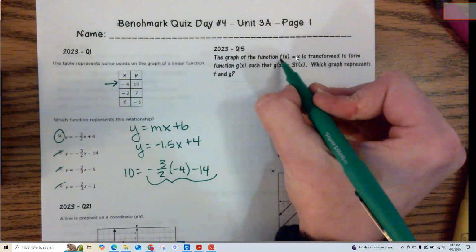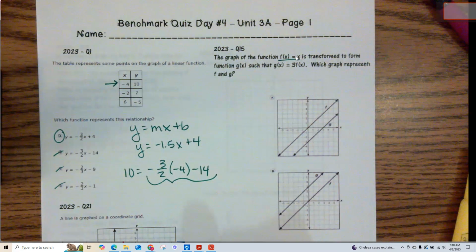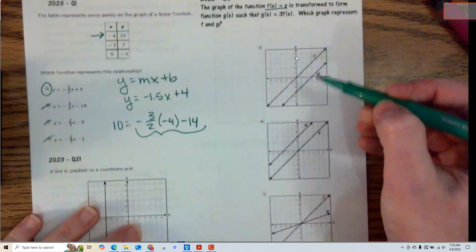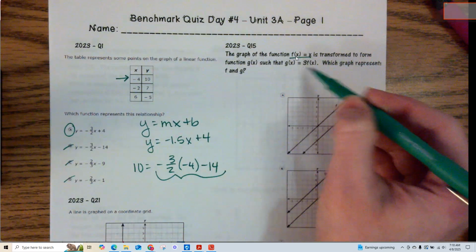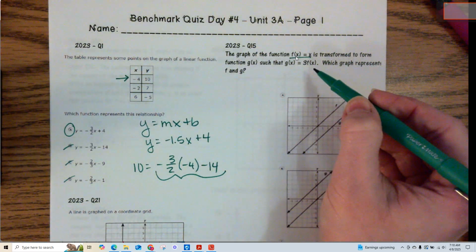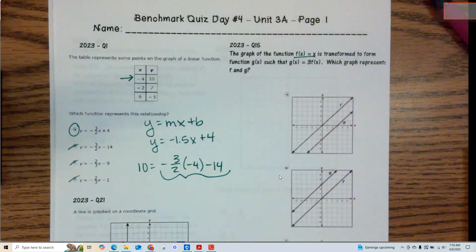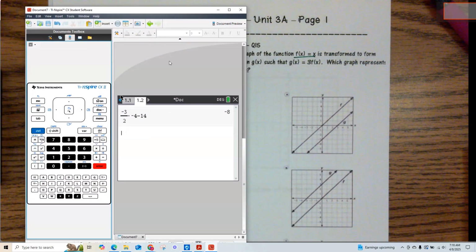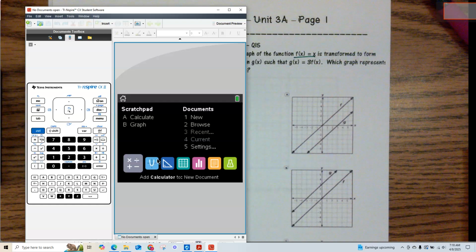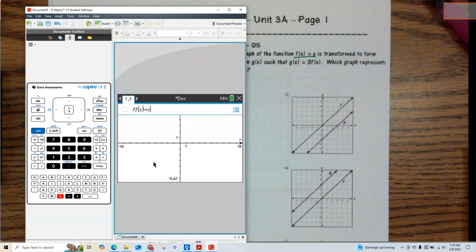All right, parent function. If you look at f on all these graphs, they're all the same. Okay? What we've got to decide is what this does to that function. So we know the parent function is x. So I'm going to graph x.